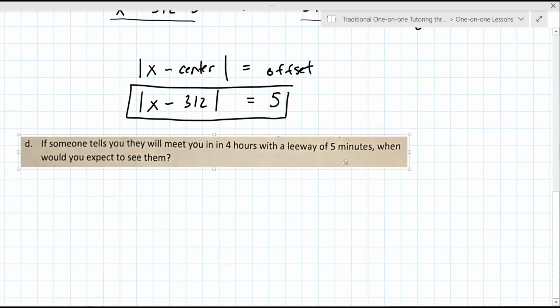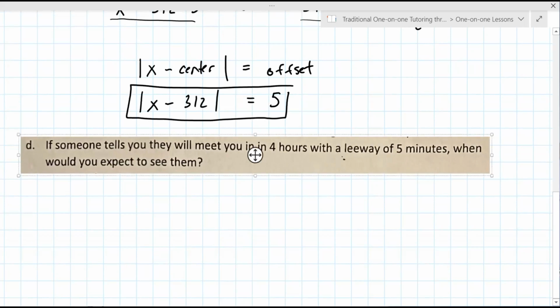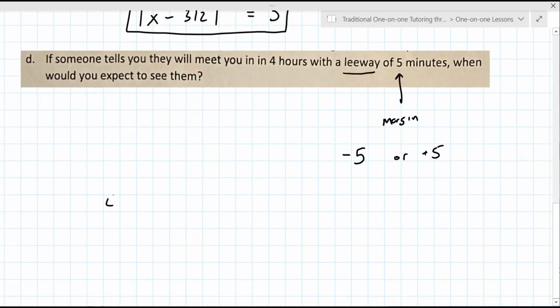Okay, if someone tells you that they will meet you in 4 hours with a leeway of 5 minutes, that 5 minutes is your margin. What that means is you can either be minus 5 minutes or plus 5 minutes. So it's essentially two equations: it's 4 hours plus 5 minutes, or it's 4 hours minus 5 minutes.